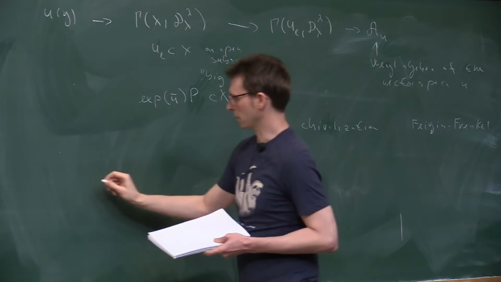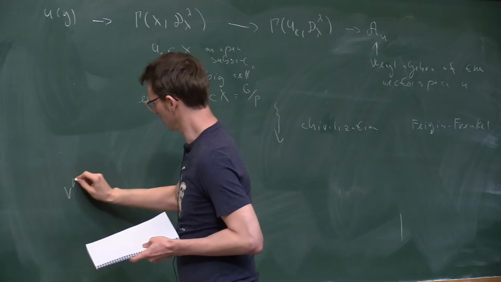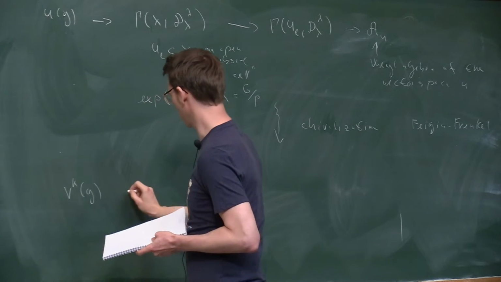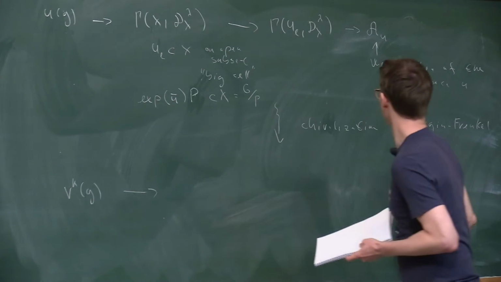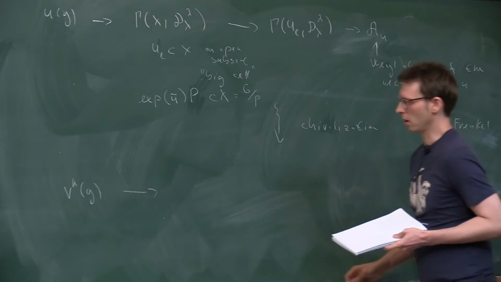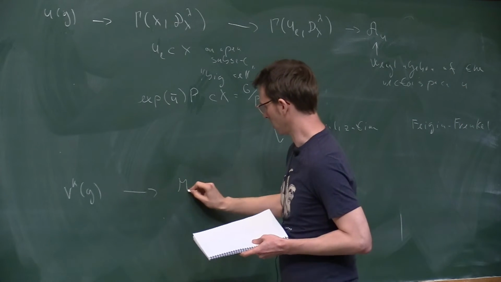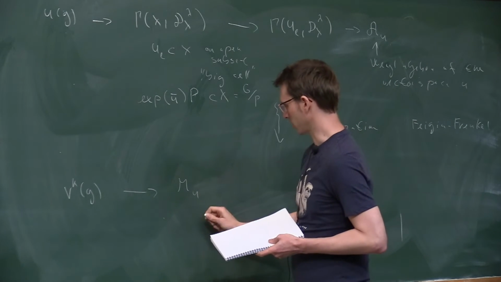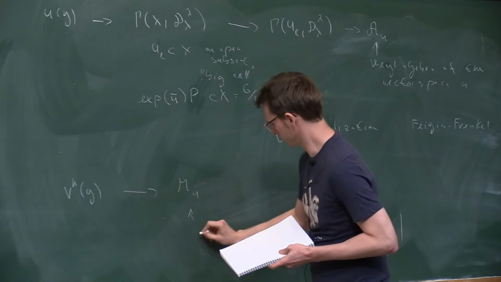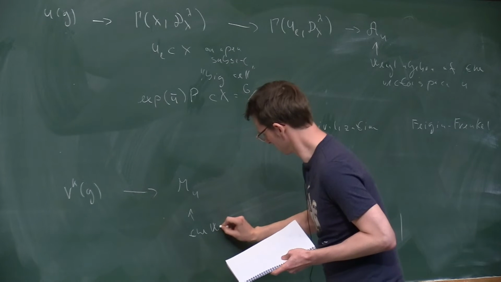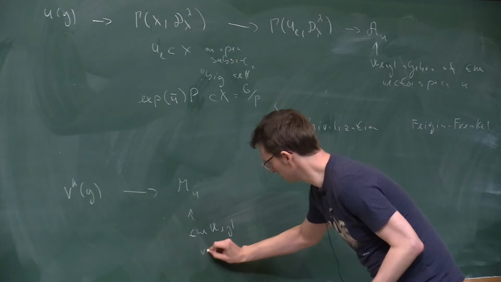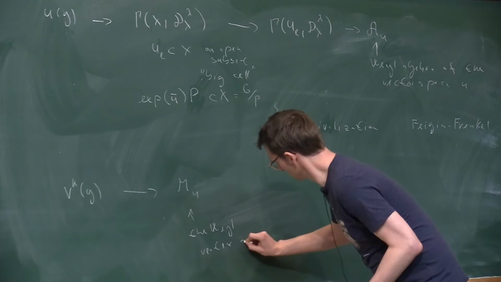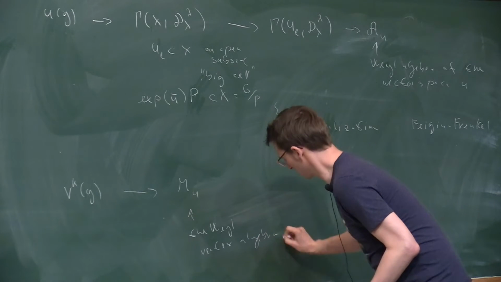So instead of the universal enveloping algebra, then instead of the Weyl algebra, we can take the Weyl vertex algebra, or what is called the beta gamma system.